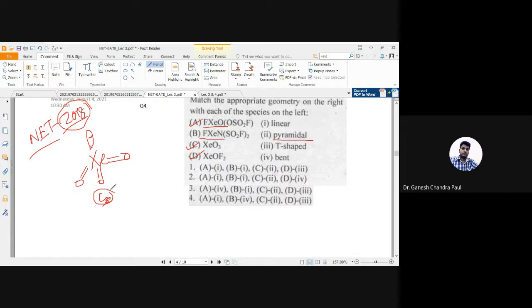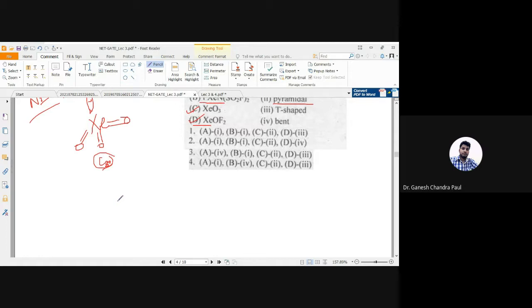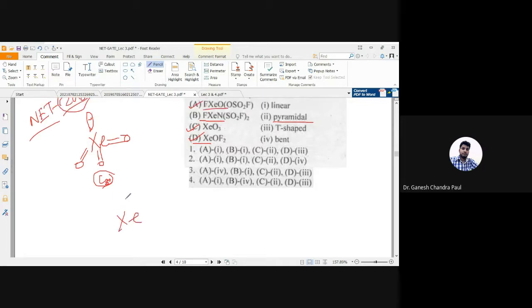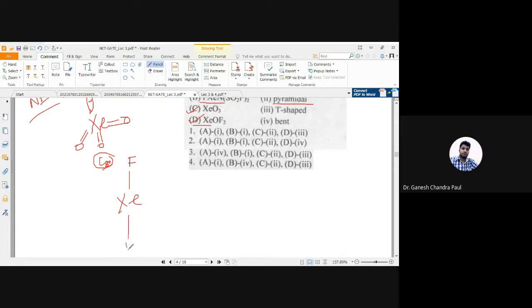But if you look at the structure of D, what is the structure? It has a T shape, right? Because the electronegative element, these two fluorine, are present in the axial positions, and the equatorial side is occupied by 2 lone pairs of electrons and 1 oxygen atom.